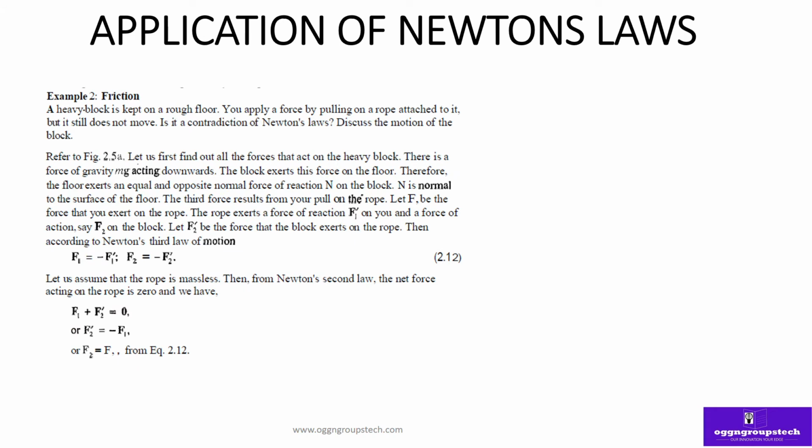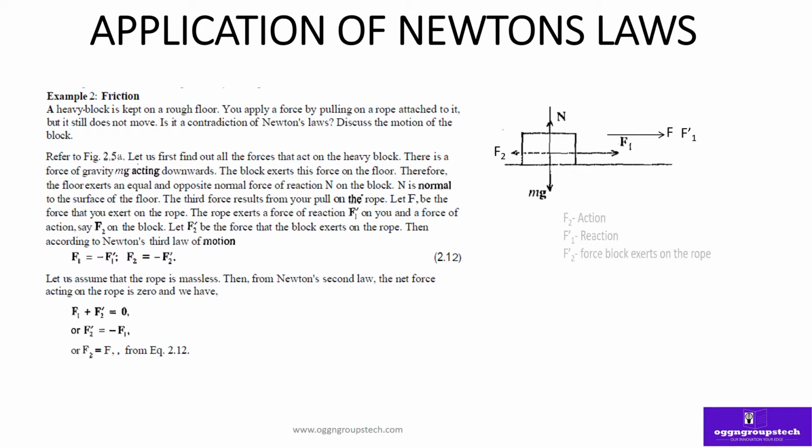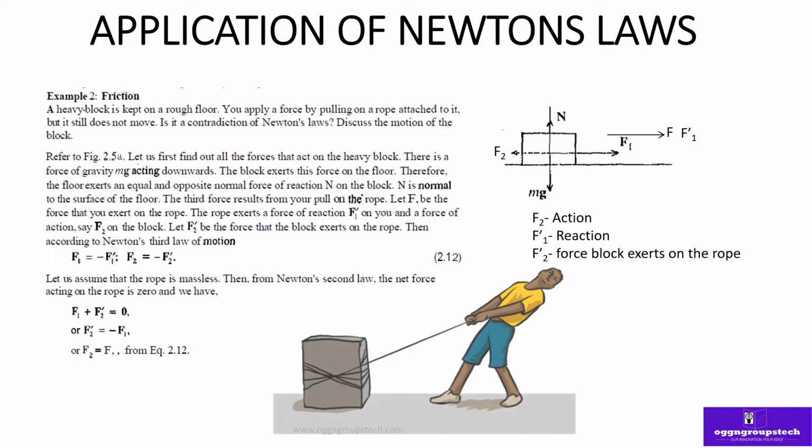Then we have another application of Newton's law, that is friction. In that we proved that if F1 is equal to minus F1 dash and F2 is equal to minus F2 dash, then F2 is equal to F. The diagram shows that the normal and mg are anti-parallel to each other.